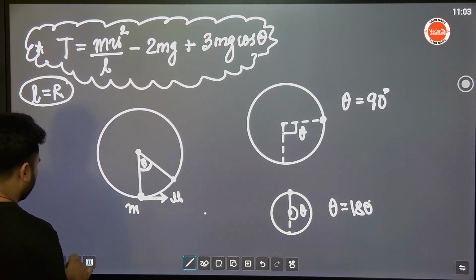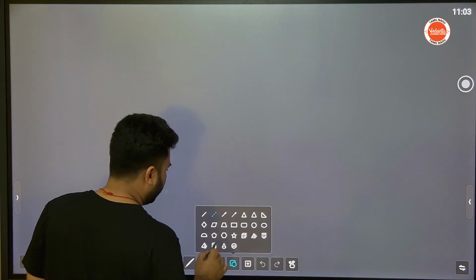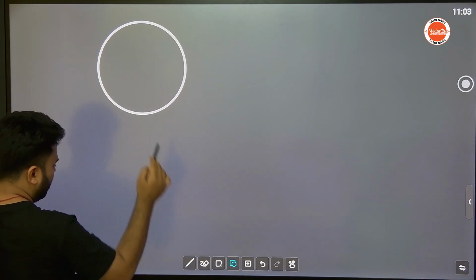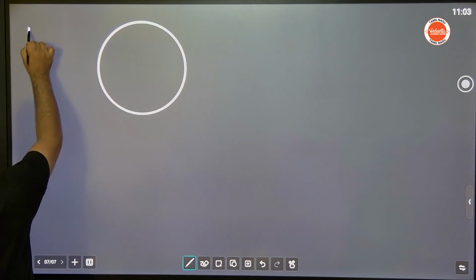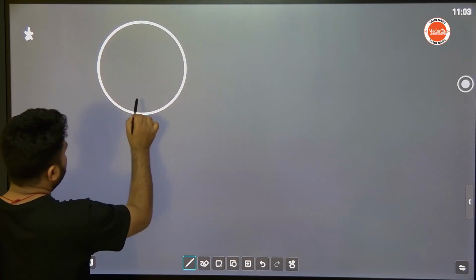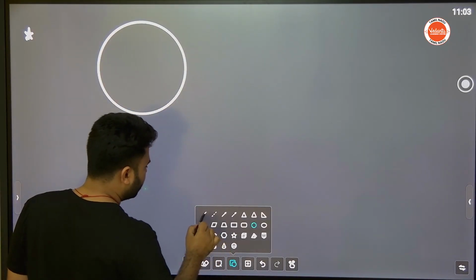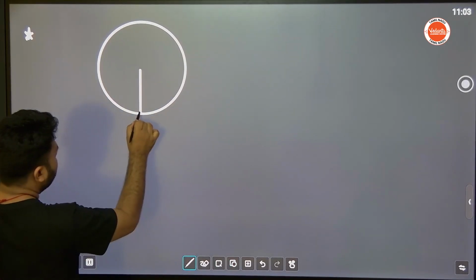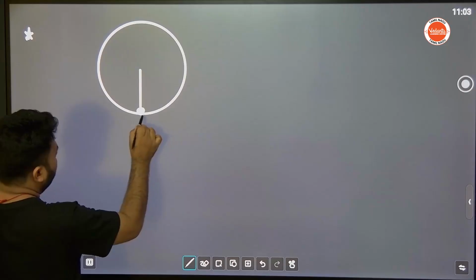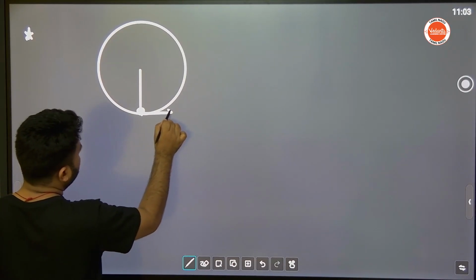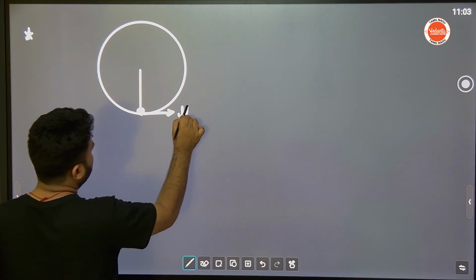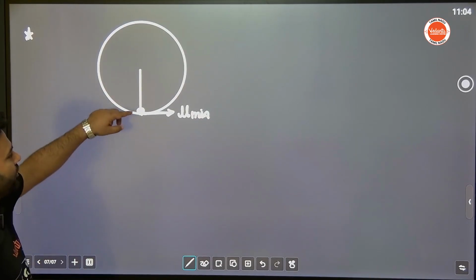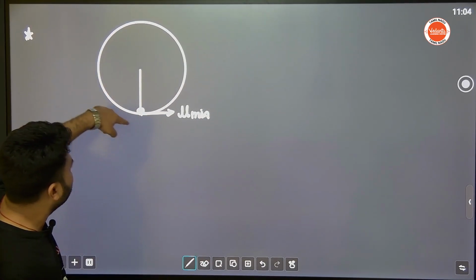First, you understand this concept that suppose there is a string and a ball like this. What minimum velocity should you provide to the ball here so that it completes a full vertical circle?